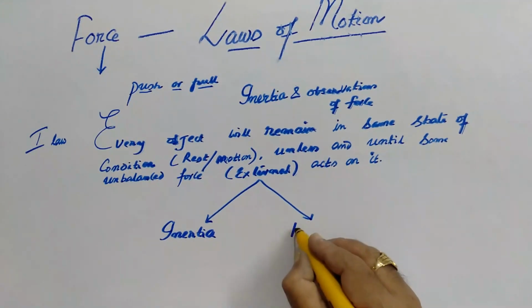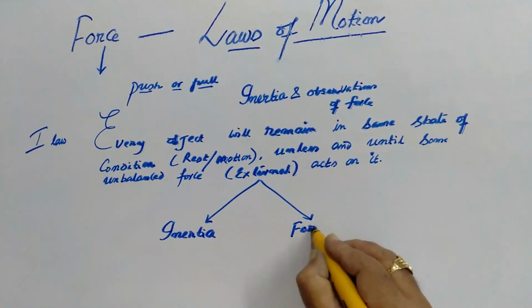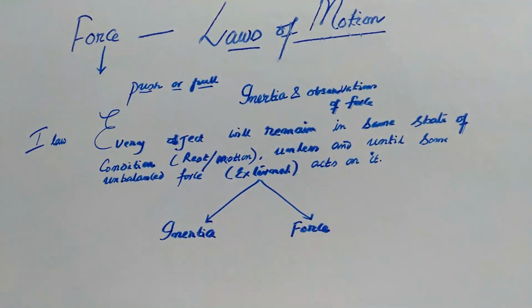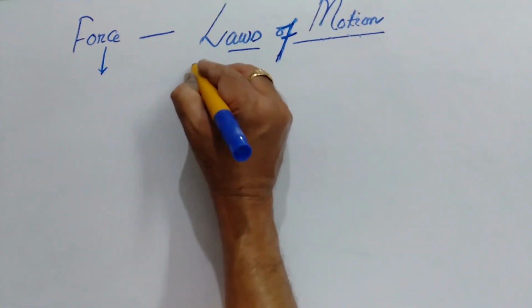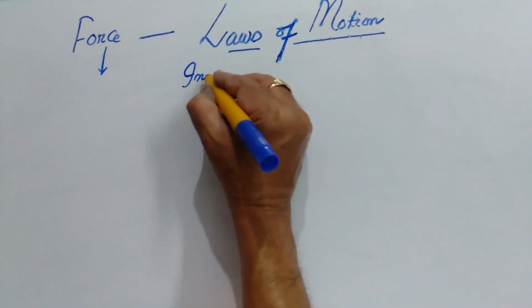And second, it talks about force. So first we talk about inertia and then we will talk about force. Now let's talk about inertia. We have already defined what inertia is.